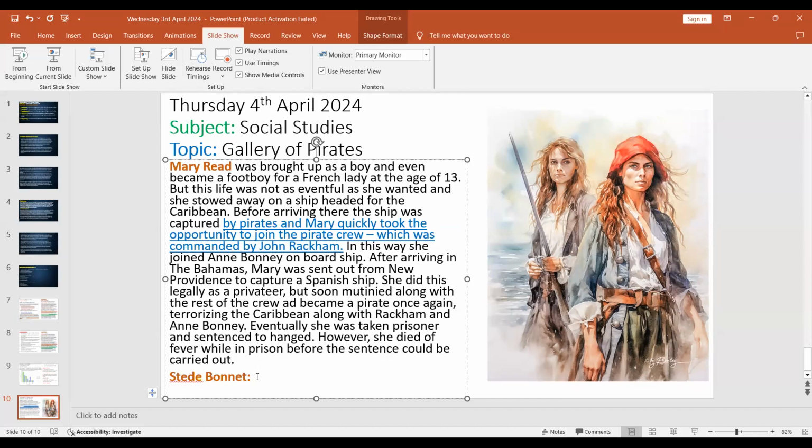So Stede Bonnet was one of the most unusual of all pirates.